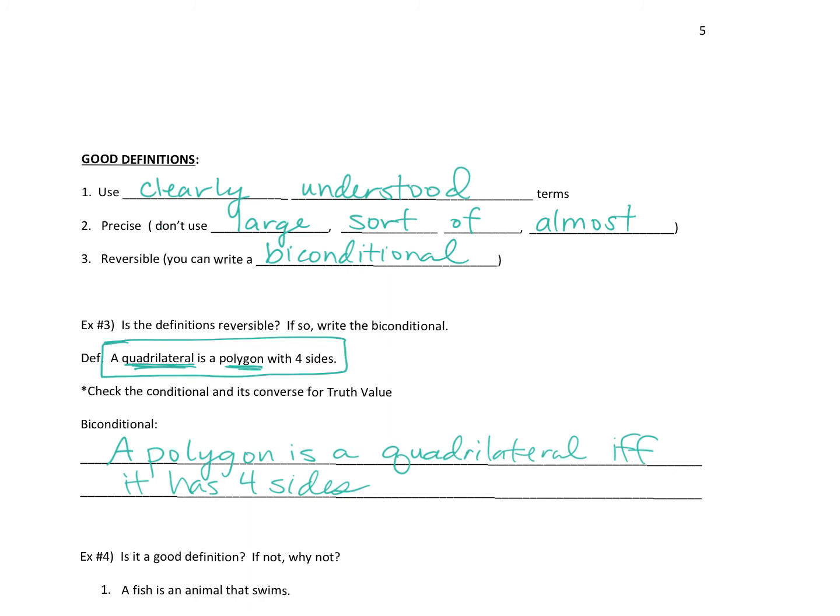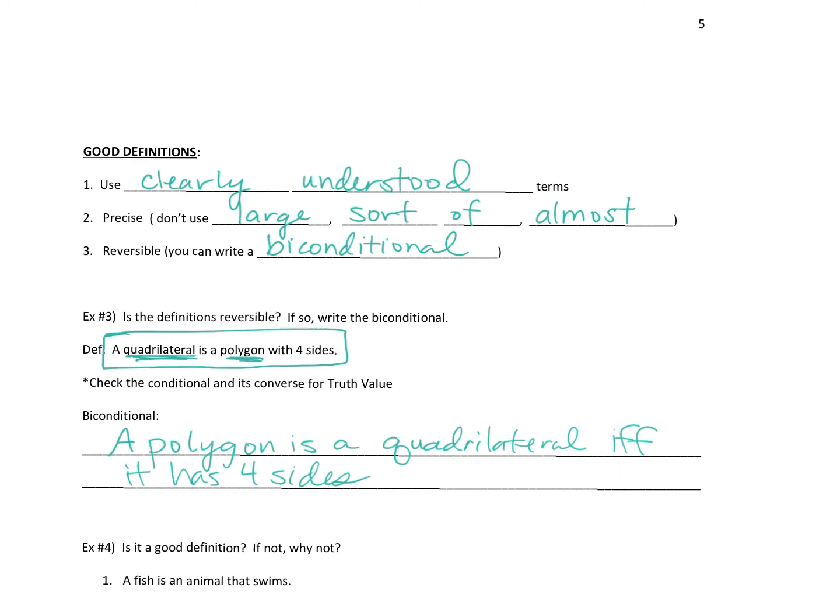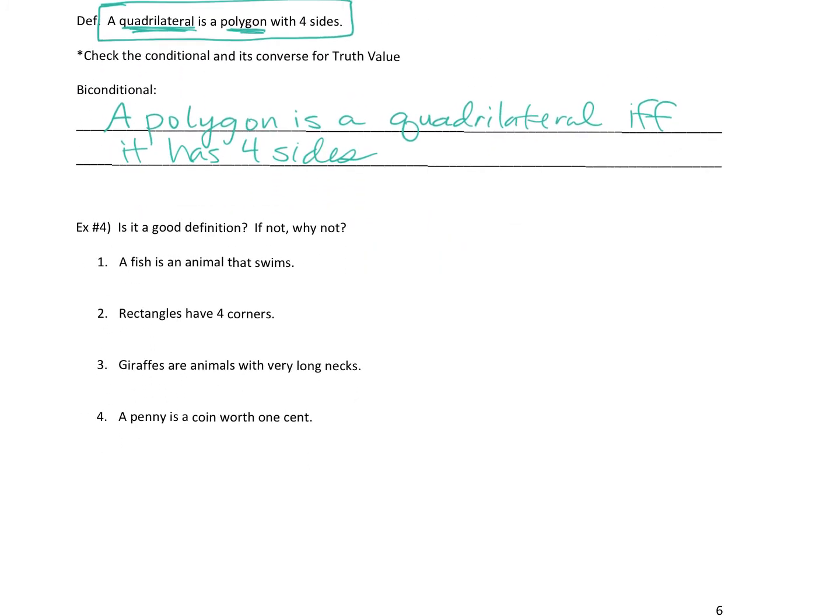Okay, so let's check. Are these good definitions? And then we're done. A fish is an animal that swims. Is that a good definition? No? Can you give me a counterexample? A shark. A whale. Okay. It's not reversible, right?